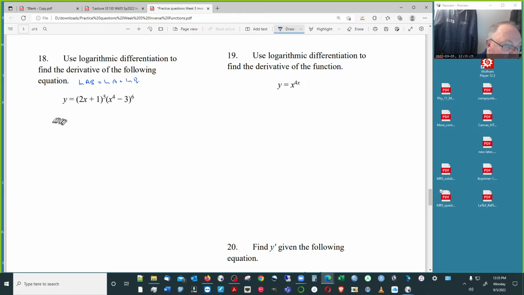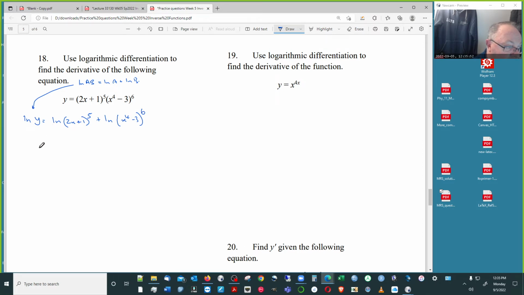But what you do to one side, you've got to do to the other. So we've broken the product and expressed it as a sum, but please remember to do the left-hand side.